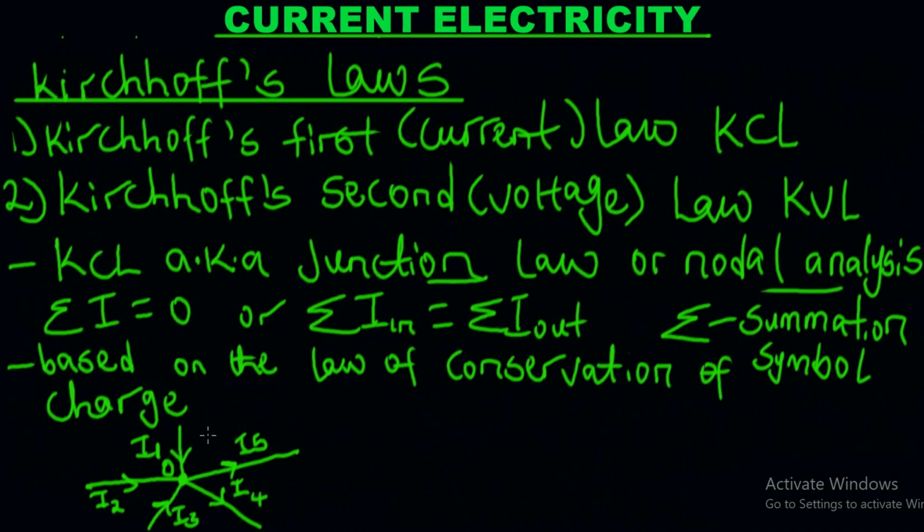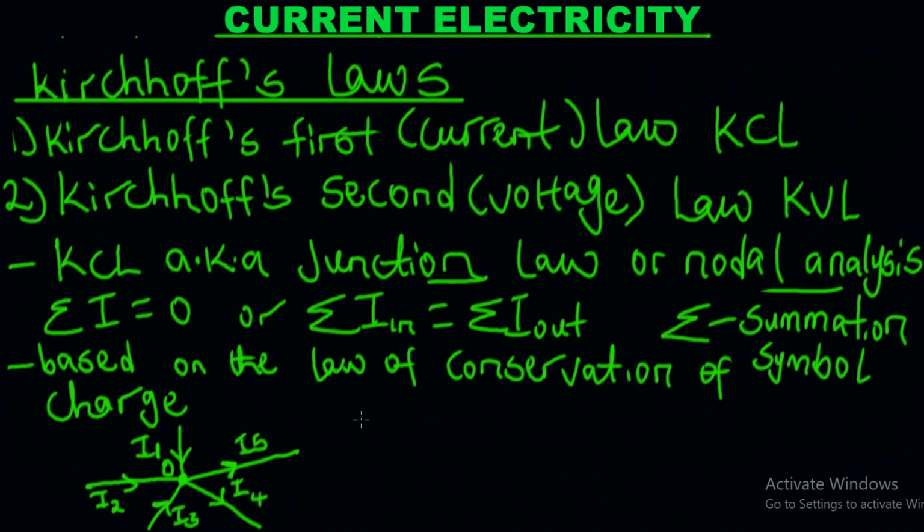What you should know is that any current flowing towards the junction where they meet is positive, while any current flowing away is negative. So I1, I2, and I3 are flowing towards the junction, so they are positive. I4 and I5, look at the arrows, are going this way, so they are flowing away.